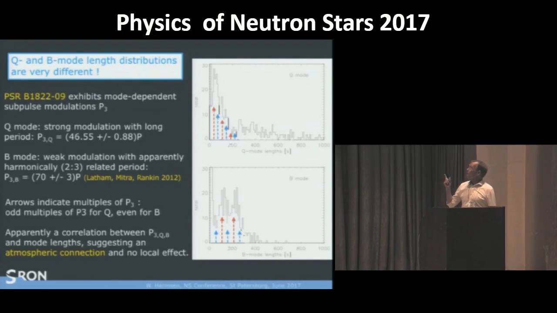Let's say 0823, I think that is a very clear case in the radio that it's orthogonal. 0943, I think everybody agrees that it's, I think, 9 and 15 degrees. And 1822, we have in our paper, which appeared in January, an appendix where we discuss all the radio data.